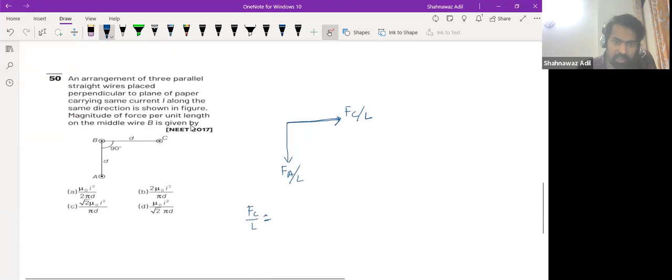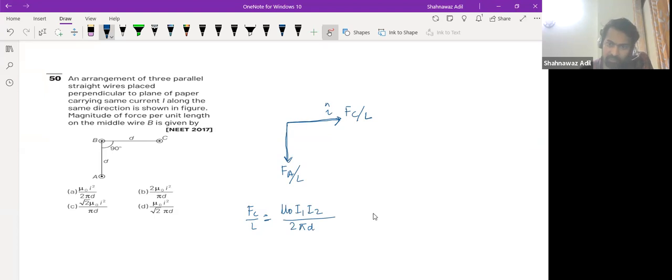The distance between them is D, and they have the same current I. All these three have the same current I. So this would be mu naught I1 I2 divided by 2 pi A, and A is D. So this is one force per unit length, in this direction, let's say the I hat direction, and this one will have a J hat direction.